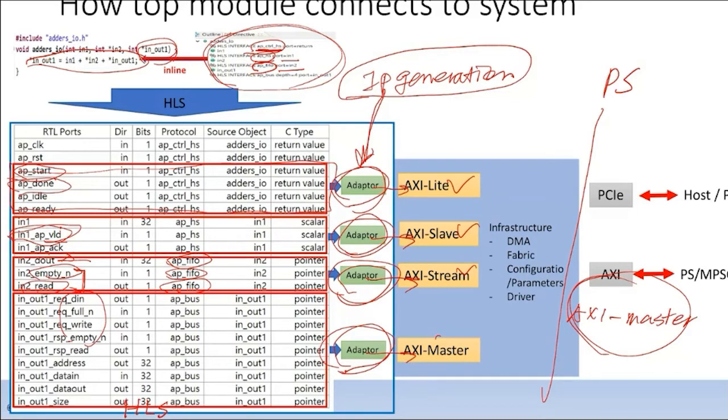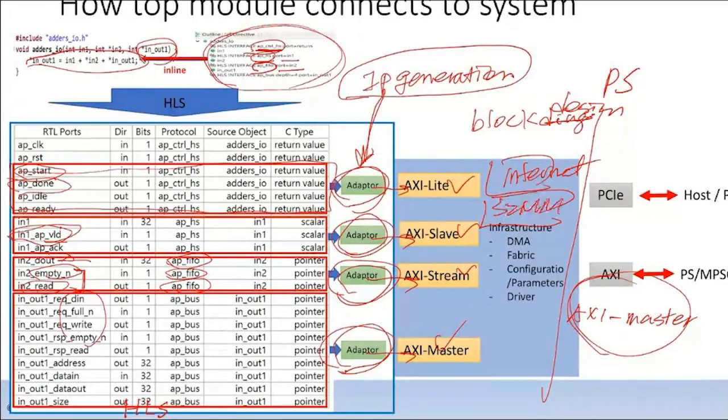And then through the block design, you hook up other interconnect, like the stream-to-memory or memory-to-stream DMA. That's what I call infrastructure components. Infrastructure components include the DMA and the fabric.